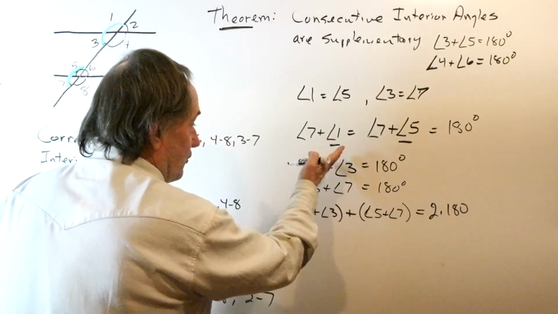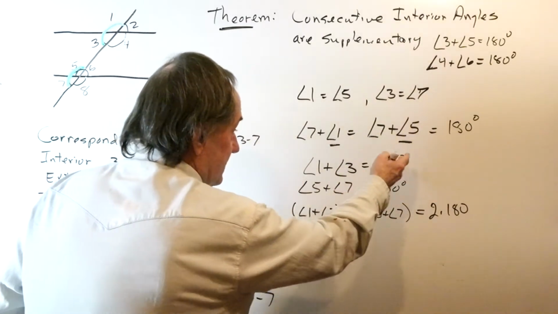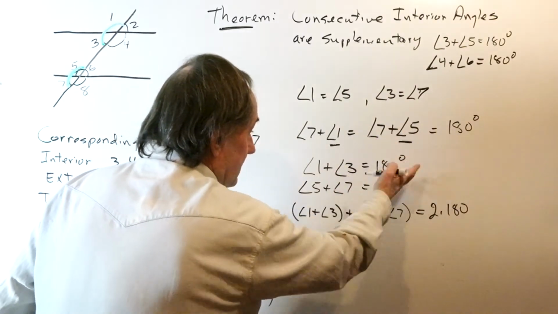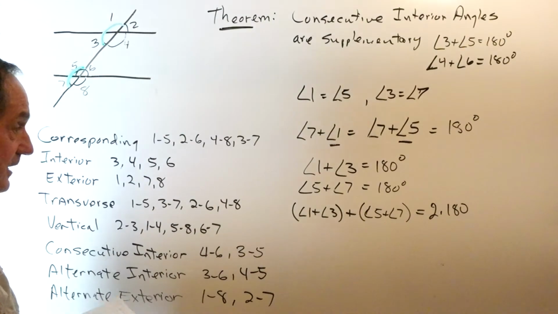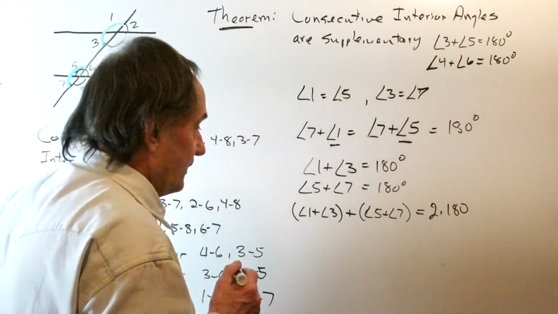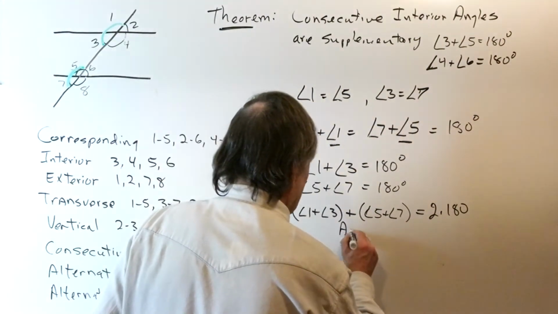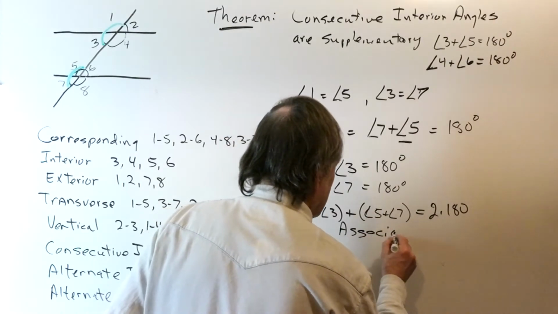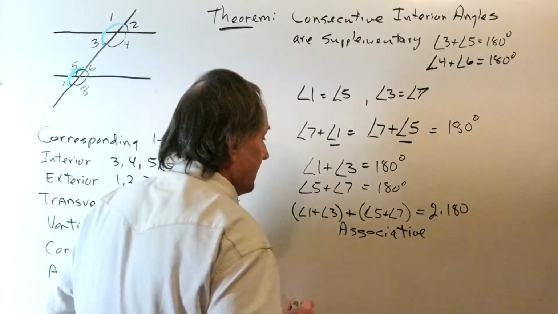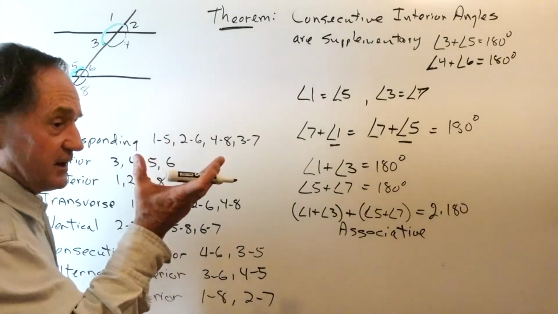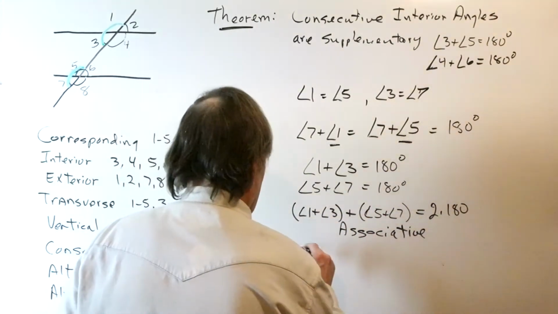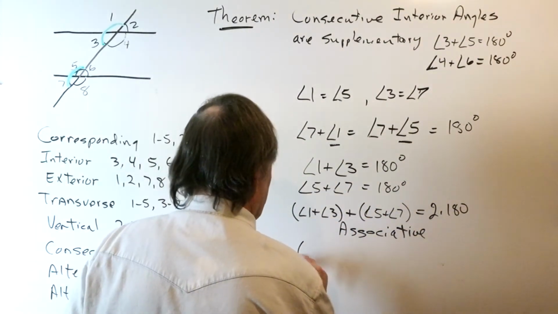I can add the left sides of two equations and set it equal to the sum of the right sides of the equations. Now, we'll use a property called the associative property, which tells us for any numbers we can rearrange the order in the sum. So I'm going to rearrange it in this fashion.